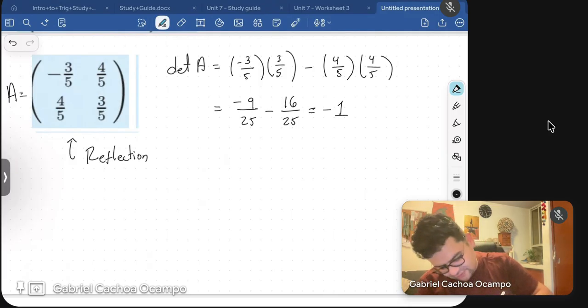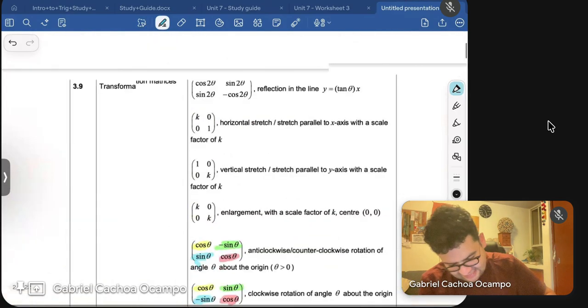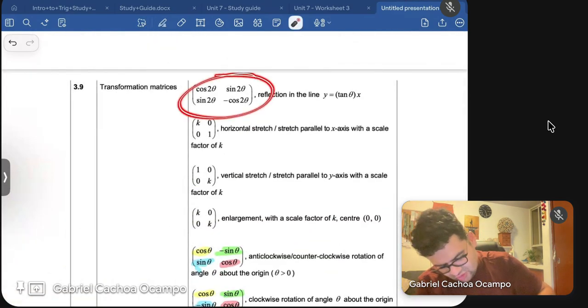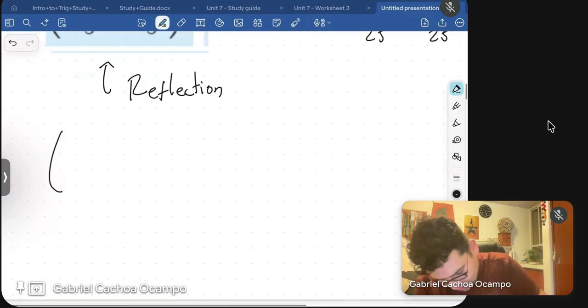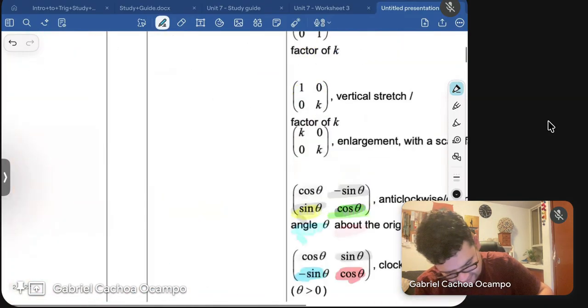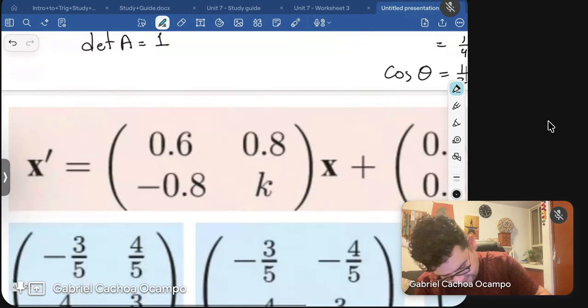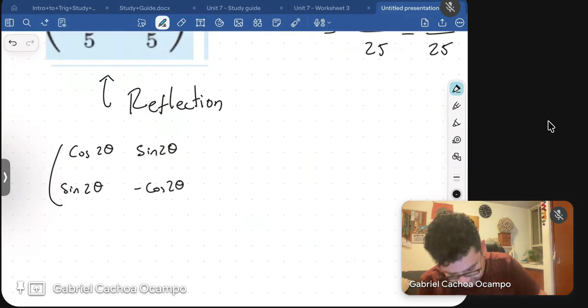If this is a reflection, it means that it has this form, no? Cosine, sine, sine, cosine, but with a 2. O sea, it has the form cosine of 2 theta, sine of 2 theta, sine of 2 theta, negative cosine of 2 theta. Okay.